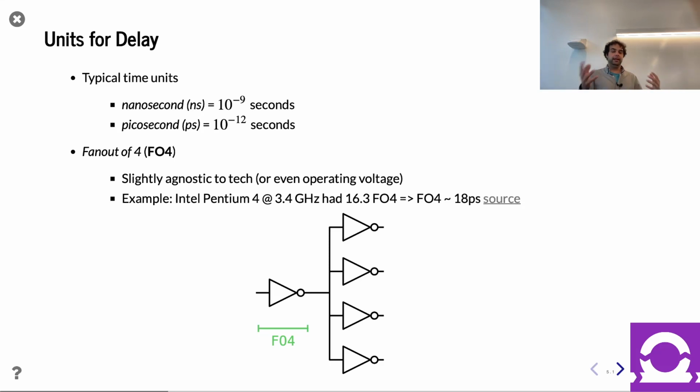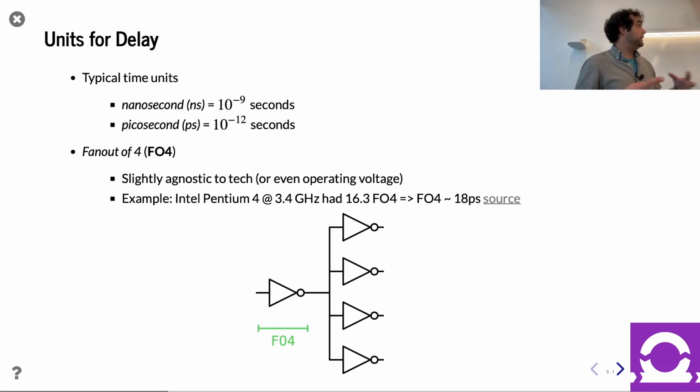It turns out as an architect and designer, we also talk about this in terms of a different unit, which is called fan out of 4 or FO4. And the reason why we do that is because technology rapidly changes, right? So someone uses one technology process, say 32 nanometer, someone else uses 14 nanometer some number of years later, they're going to get a lot of benefit from the fact these are smaller, faster transistors, right?